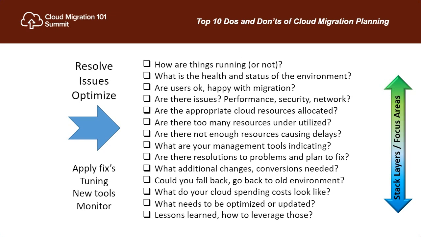But you also need to understand, how are things running or not? How is the data? Is it there, but is it accessible, or is it still encrypted? Did something happen where the data's there, it's all intact, but the keys aren't working, or the endpoints aren't authenticated? Are the users happy?